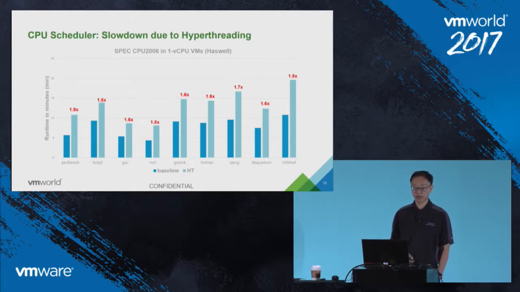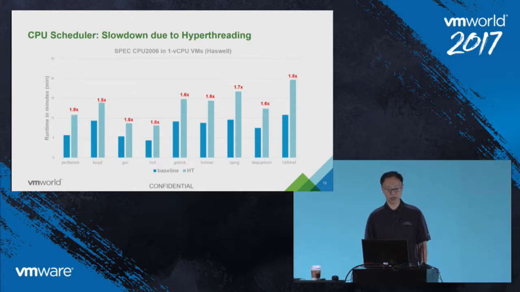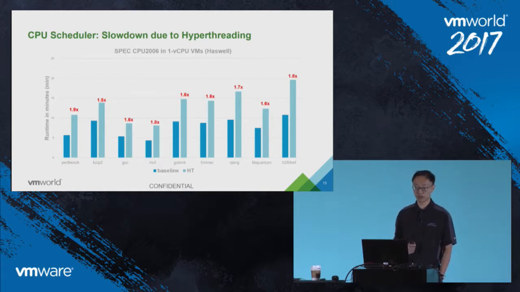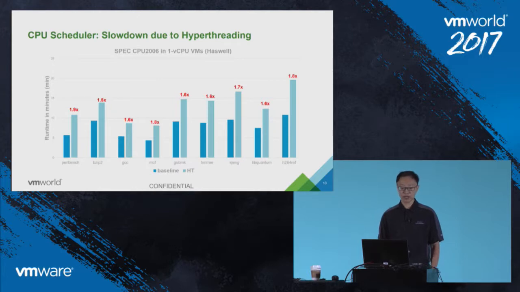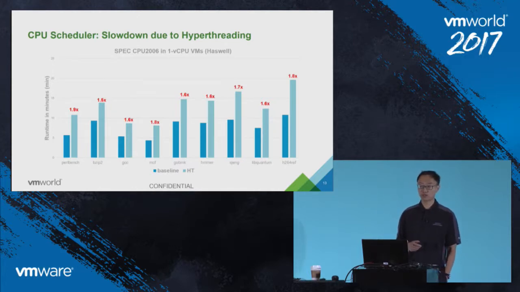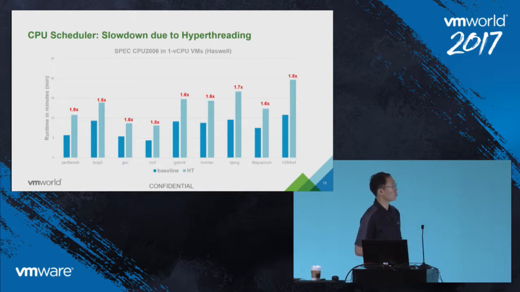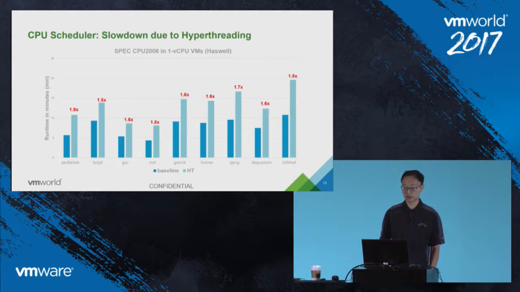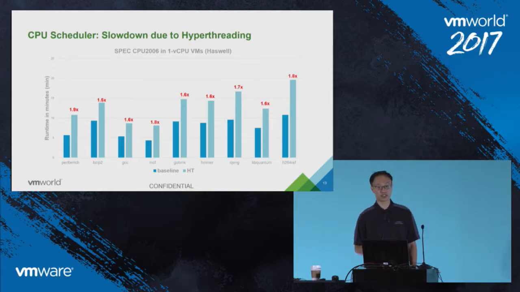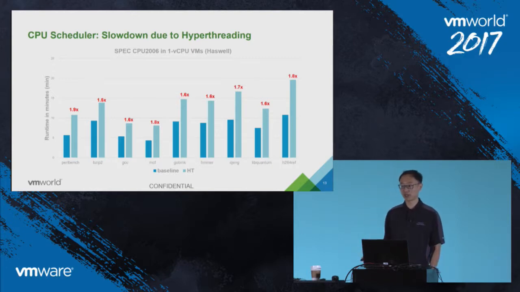Same setup, the x-axis is the benchmark, and the y-axis this time is the runtime of each workload iteration. As you can see, in the baseline case the workload finishes much faster than in the hyperthreaded case. The slowdown with the hyperthreaded case is anywhere from 1.5 to 1.9x slower. Notice we never go beyond 2x because that would imply there's no throughput gain, only throughput loss, right?